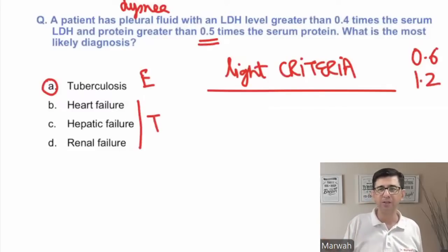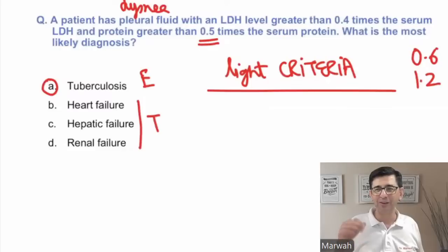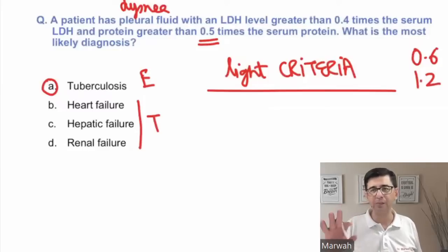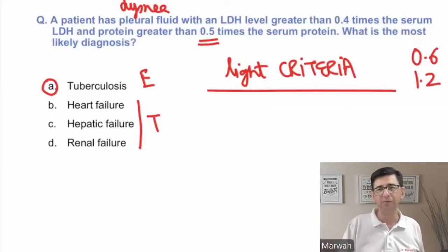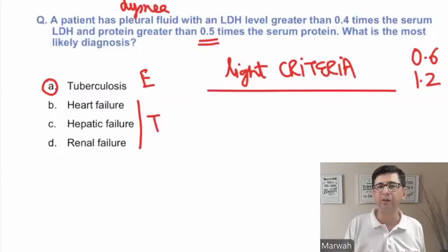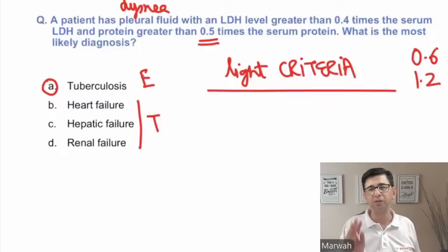Then I am out of the limbo where only one criterion is satisfied. If it is 0.6 and 1.2, you are in the safe zone. If you've answered tuberculosis, nothing changes the answer, even with the data that I've said, 0.5 and 0.4, because at least one criterion should be satisfied.